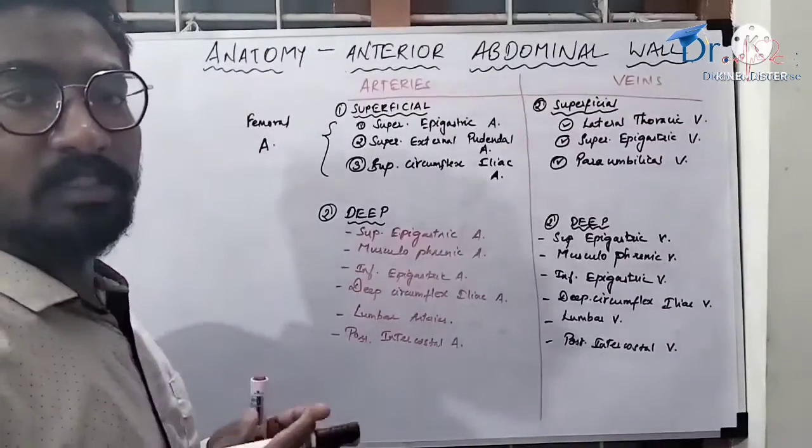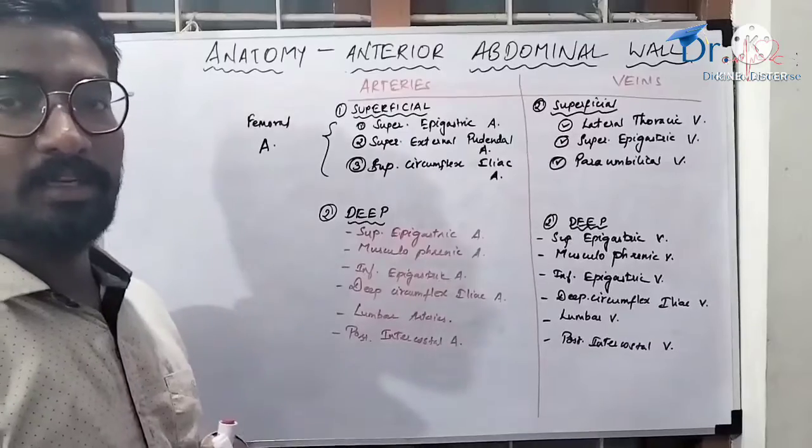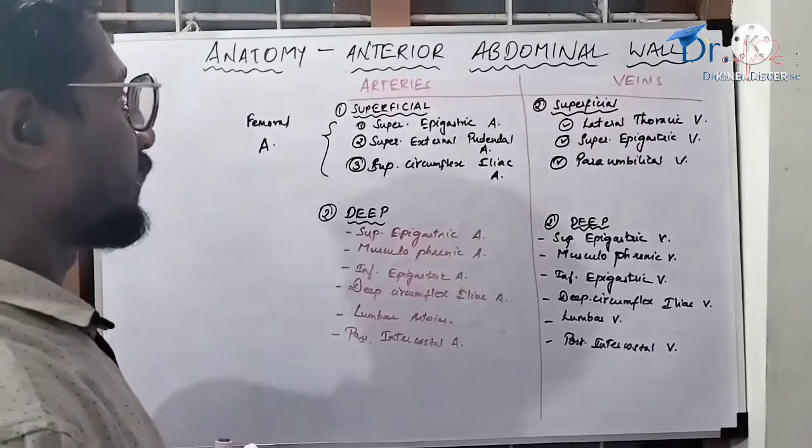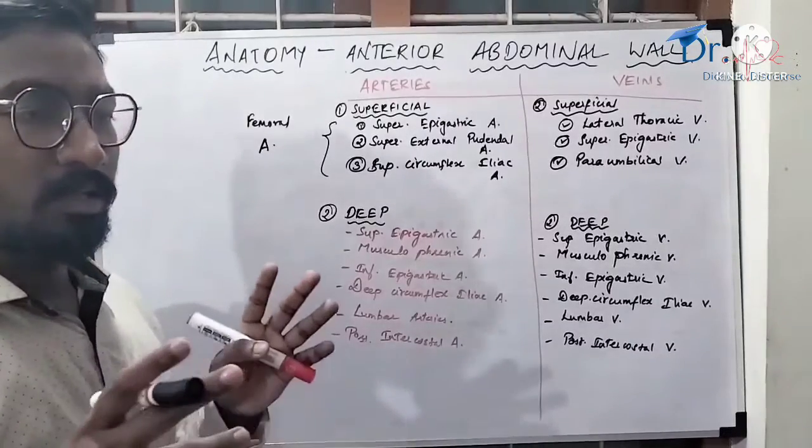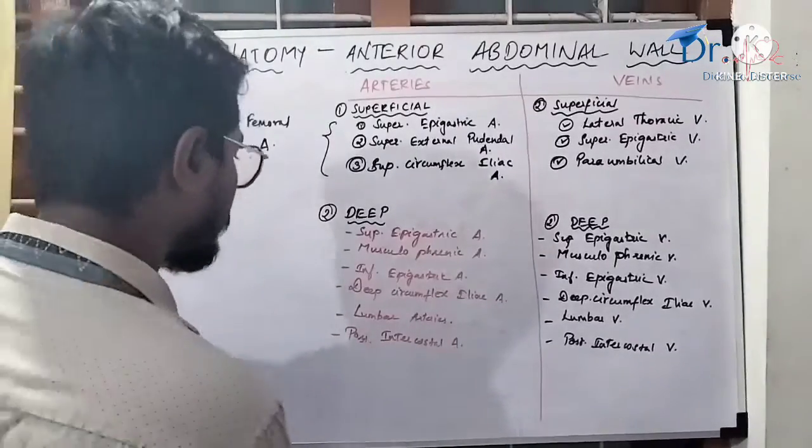So these are the arteries and the veins of the anterior abdominal wall. Alright. So we have the superficial veins as well as the deep veins, and the superficial arteries and the deep arteries.